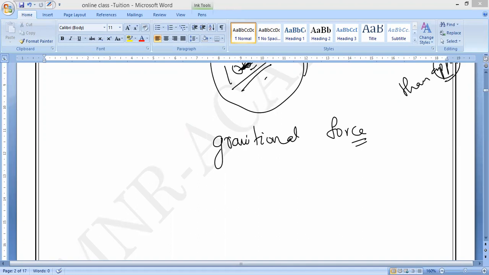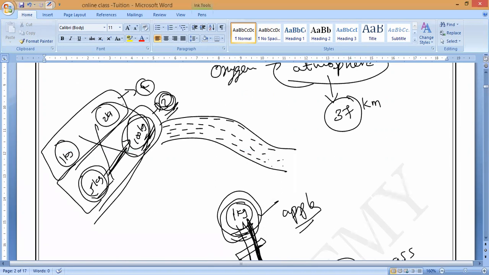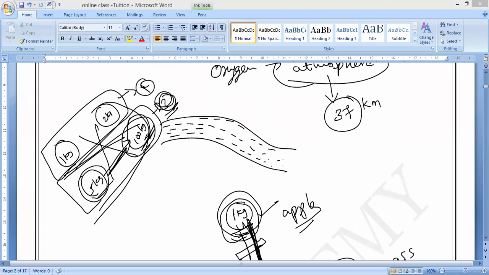That is what I said here. One stone is not moving towards the other stone because their masses are negligible. Their masses are very, very small. So the force of attraction between them is not sufficient to make it move.